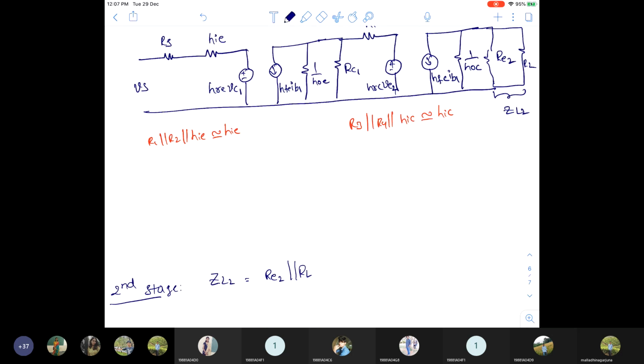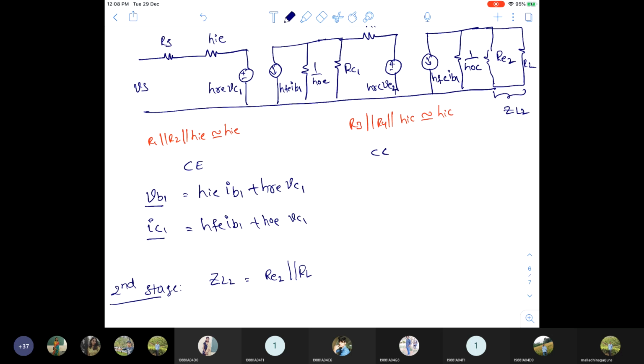Now let us write for CE first: VB1 equal to HIE IB1 plus HRE VC1. Next, IC1 equal to HFE IB1 plus HOE VC1. So input is base, output is collector for the CE configuration: input voltage equation, output current equation.